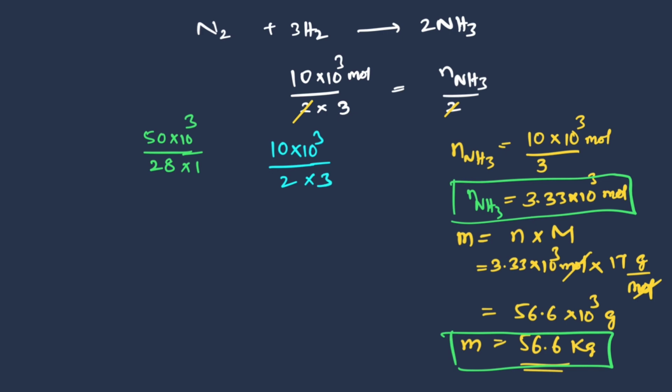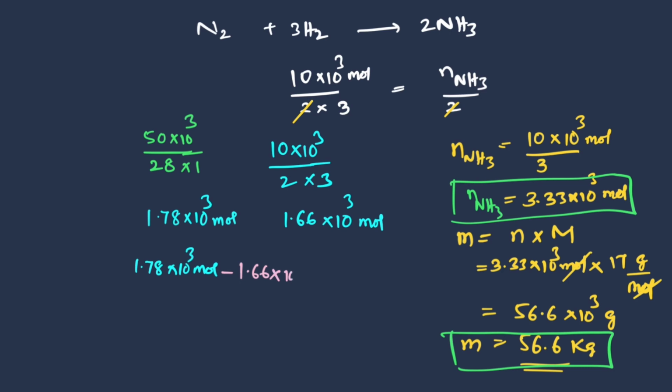So after dividing, as I did previously, this is 1.78 into 10 power 3 in the form of mole, and this is 1.66 into 10 power 3 in mole. So which is smaller, that we have to subtract. Then 1.78 into 10 power 3 mole minus 1.66 into 10 power 3 mole, then it is the limiting reagent, completely consumed.